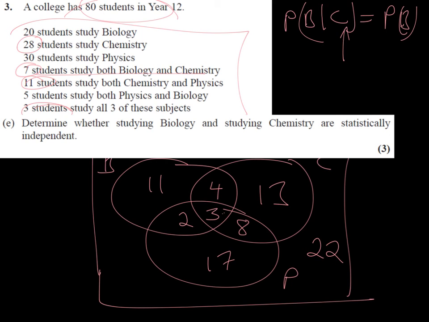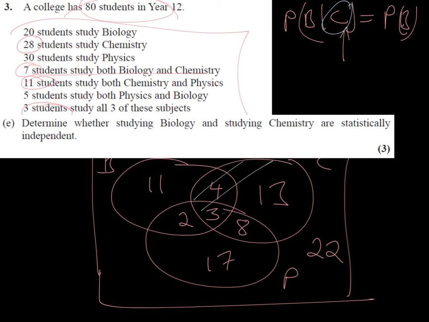So in effect, then what you've got to do is calculate each of these and hopefully you will end up with the same value. So in the first instance then, if we want to find the probability of B, the probability of a student reading biology given that they choose chemistry. So again, we've got conditional probability. So this is the condition here. The condition, they study chemistry.